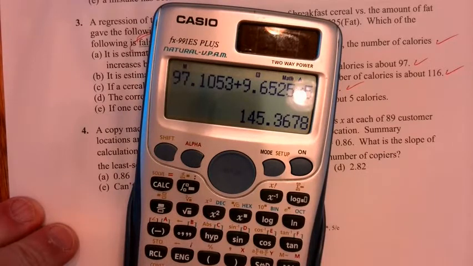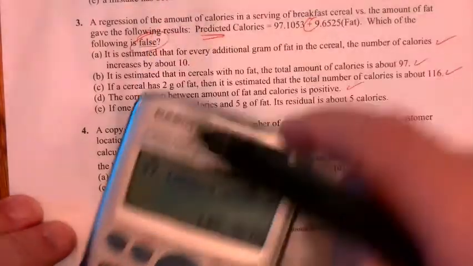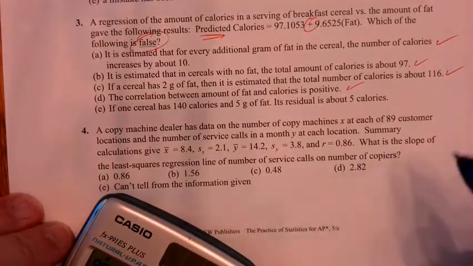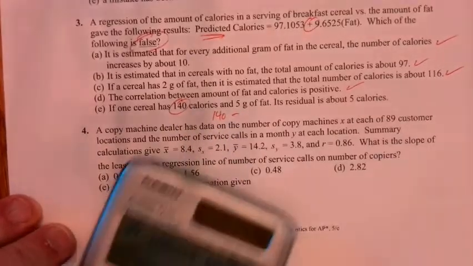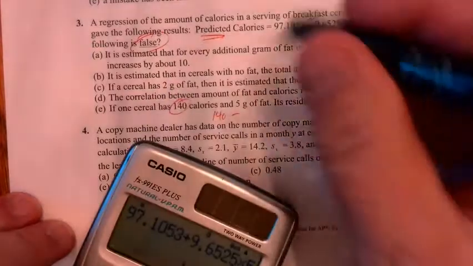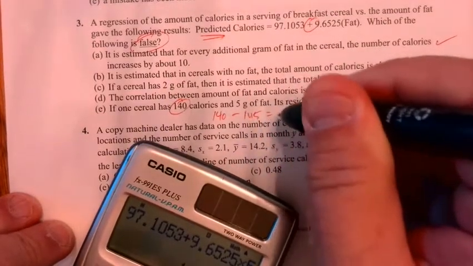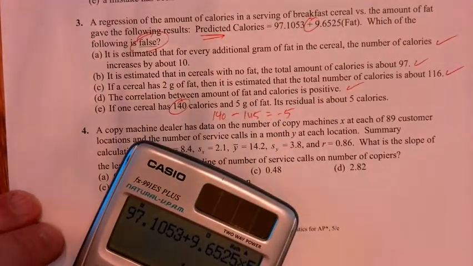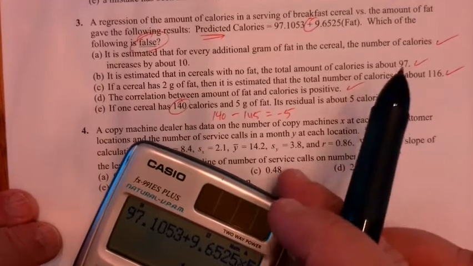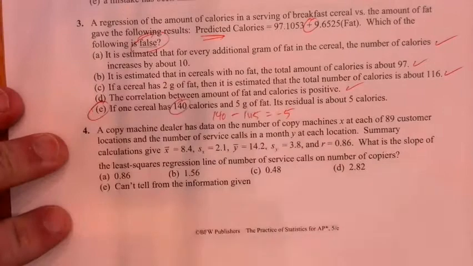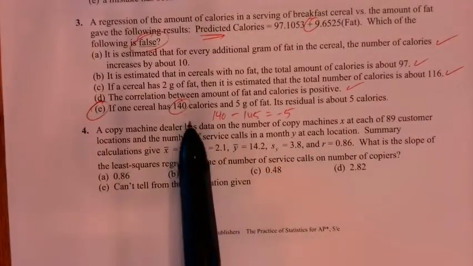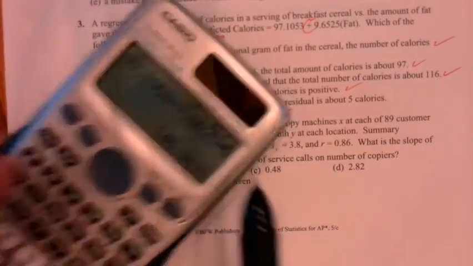And remember, the residual is the actual value minus the prediction. 140 minus 145 gives me about -5. So that's not true. Its residual is actually about -5 calories because this actual value is 5 below the prediction.